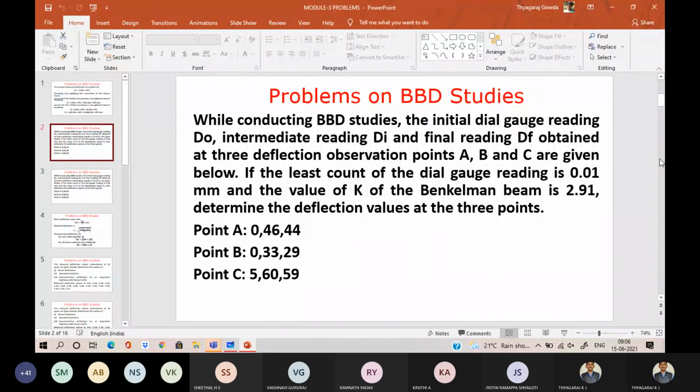If the least count of the dial gauge is 0.01 mm and the lag correction factor K of the Benkelman beam is 2.91, determine the deflection value at 3 points, point A, point B, and point C. So note down the question.